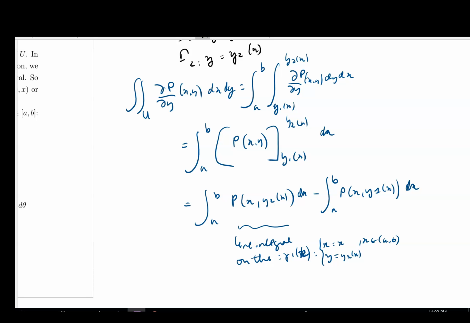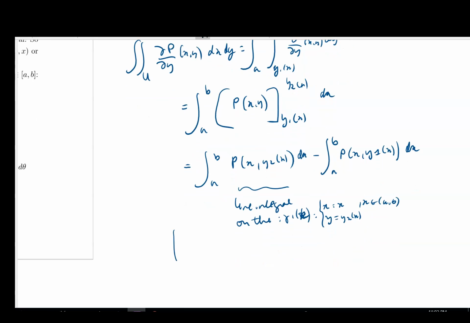Between a and b, we are describing x, y2 of x.